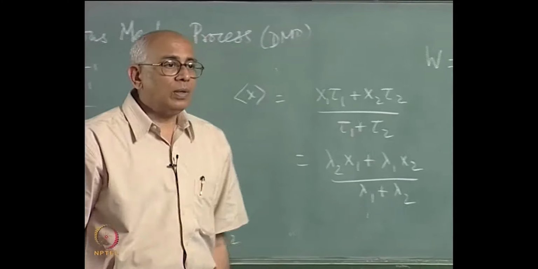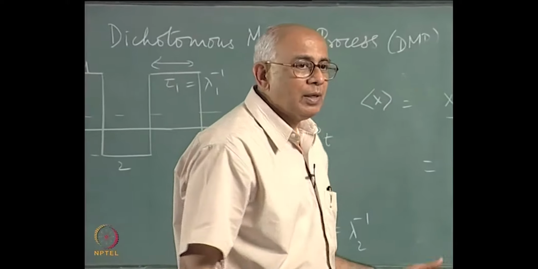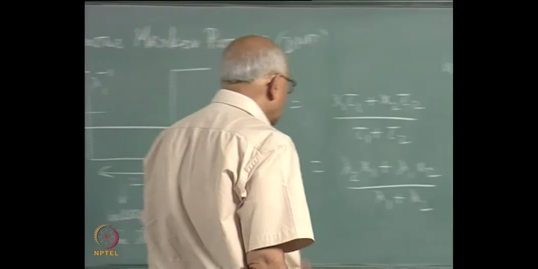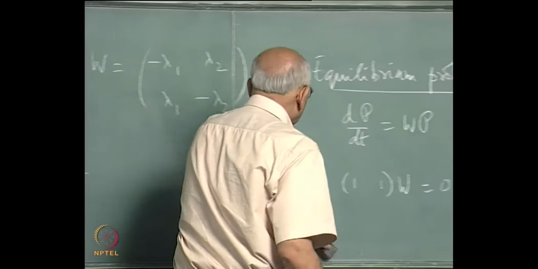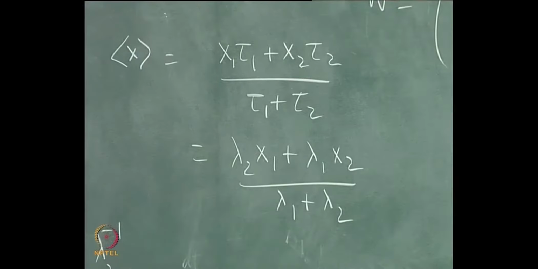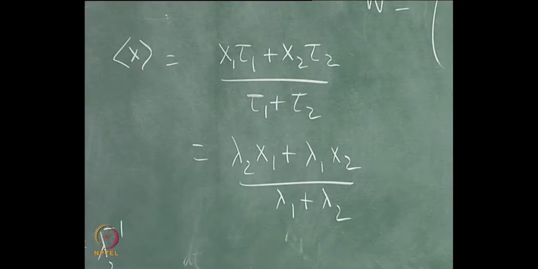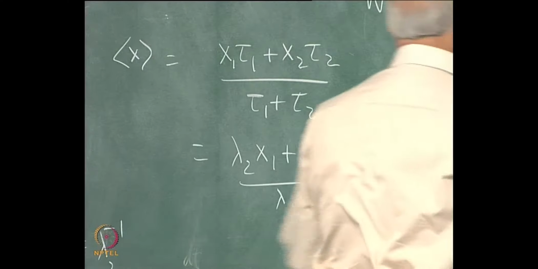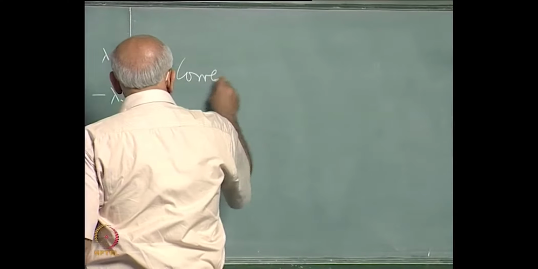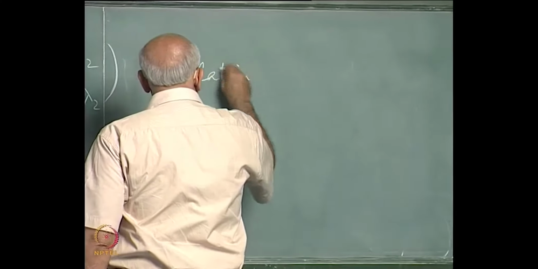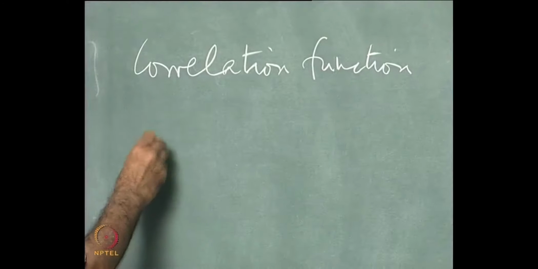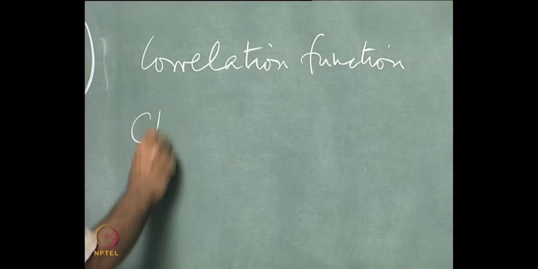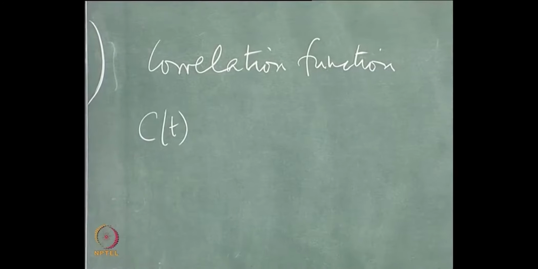And you can find the correlation function, that is the crucial thing we would like to find out. Now what do you think that is going to be? That is the most important thing of all. So in particular I would like to find the correlation function, and let me call this C of t in equilibrium.